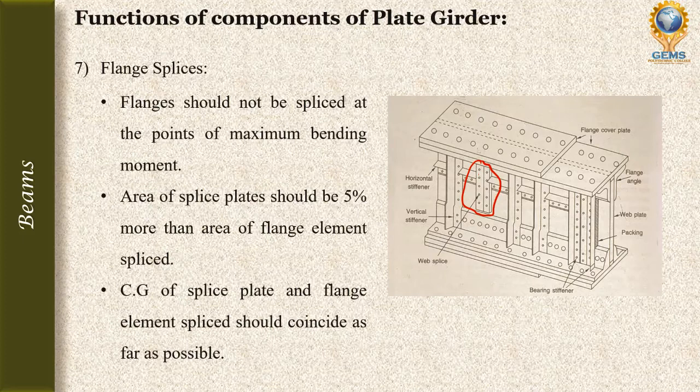And the center of the splice plate and the flange element splice should coincide as far as possible. So these are the functions of the flange splices and also the functions of each component of plate girders.